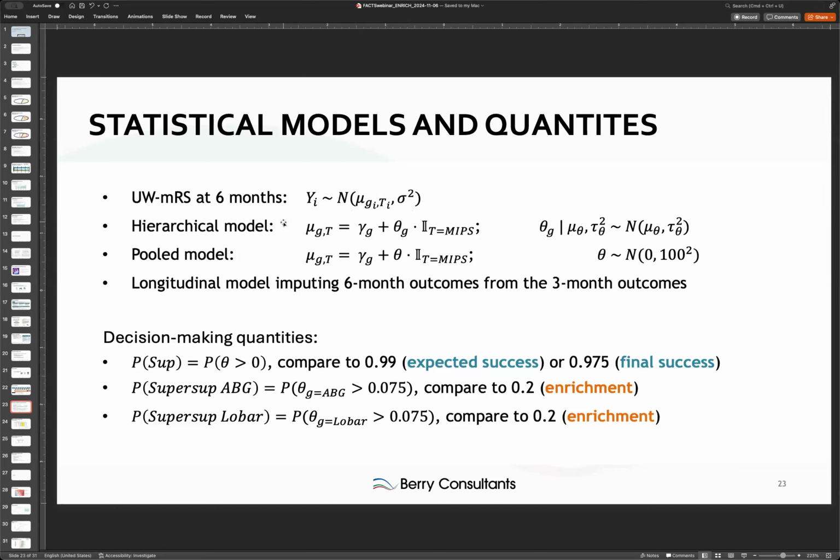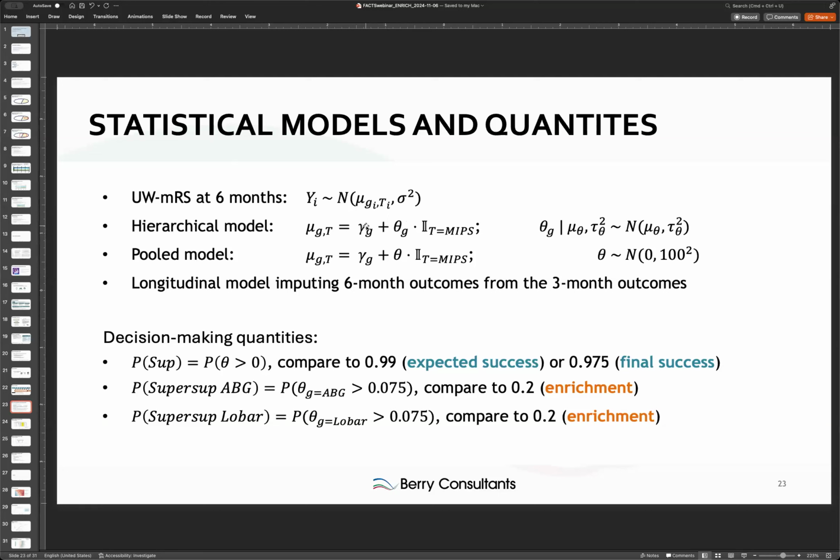At the interim analyses, we're going to use a hierarchical model because what we need is an estimate of the treatment effect in each subgroup. And that estimate is going to be called theta G. This is what FACTS calls it as well.